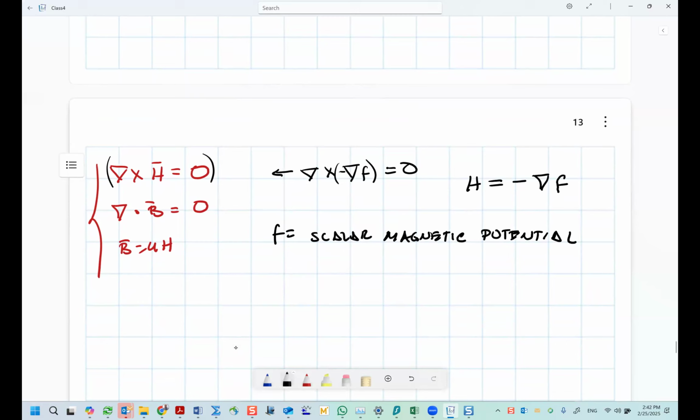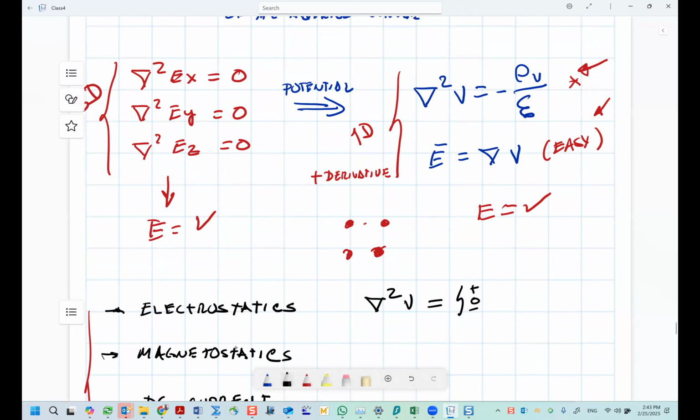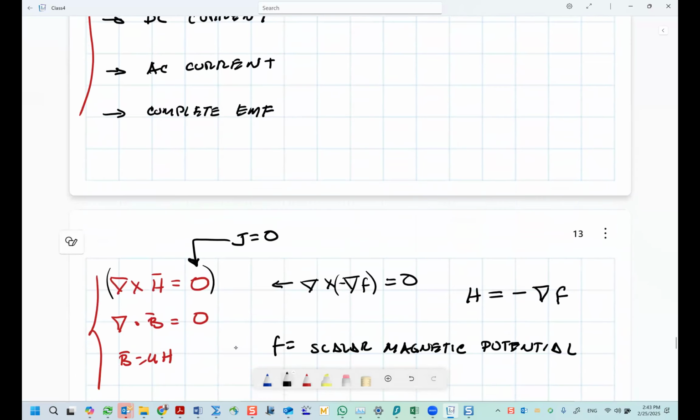You can only use it for magnetostatics when J is equal to 0. If J is equal to 0, it will give you exactly the same properties. It will reduce a 3D case to a 2D case.